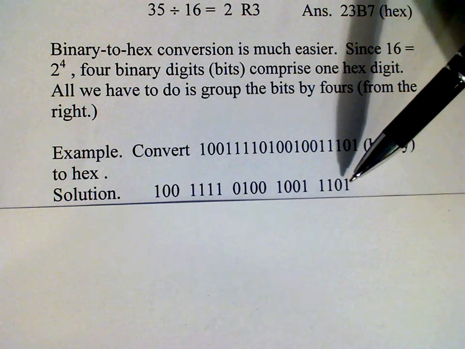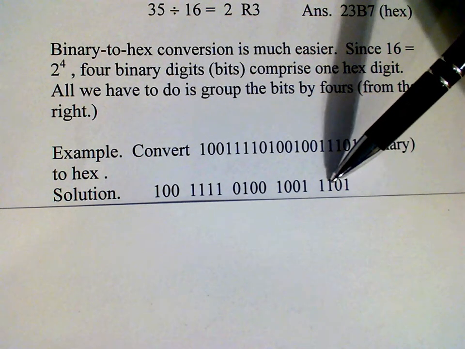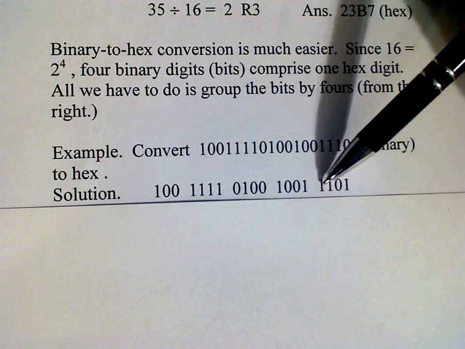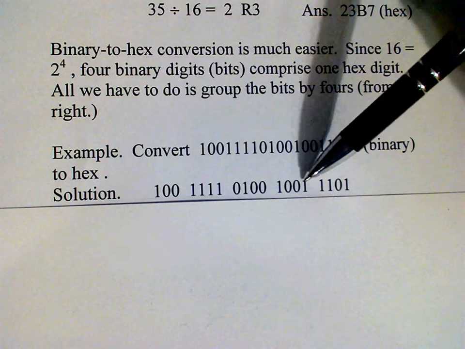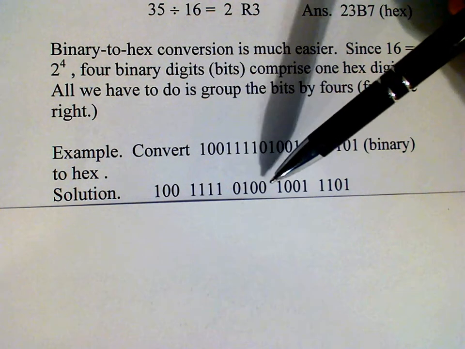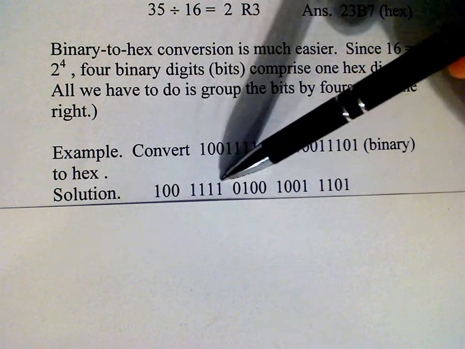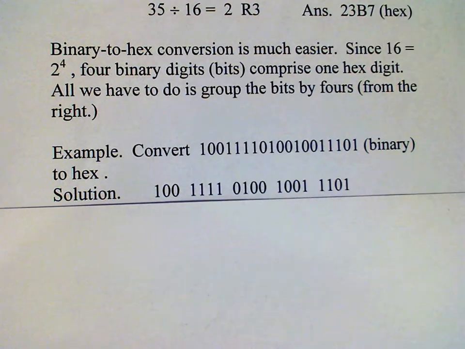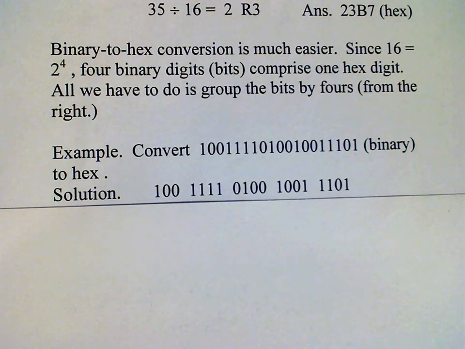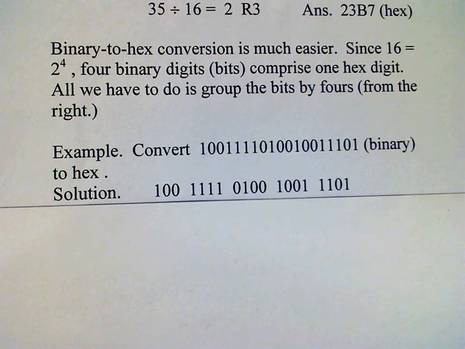So let's see, here we have a 1, and there's a 4, so that's 5, and there's an 8, so that's 13. 13 in hex is going to be represented by D. So there's a D, there's a 9, there's a 4, there's an F, and there's another 4. So we have 4F49D.